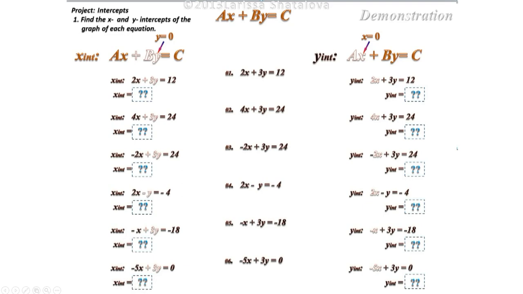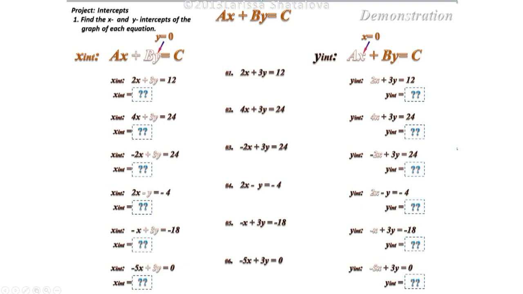Demonstration for project Intercepts. We are going to practice the shortcut, and in the middle you can see equations, all of them in standard form. Equation number 1, 2, 3, 4, 5, and 6. I am looking for x-intercepts first.